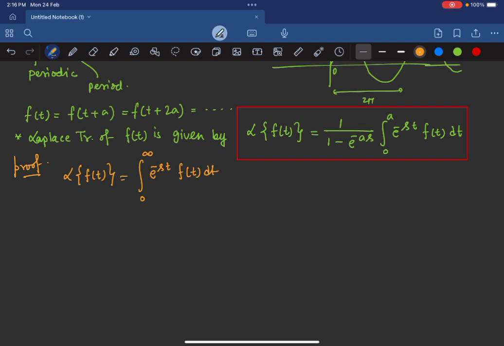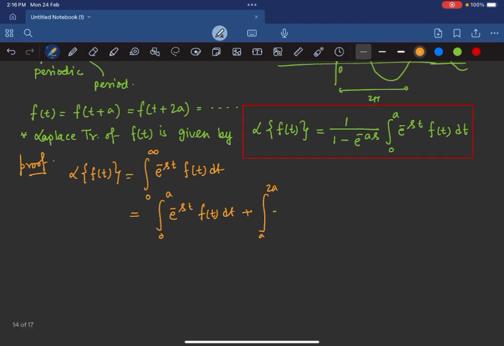This setup we have. Now see here, the integral from 0 to infinity you can break like this: integral 0 to a of e power minus s t f of t dt, plus the integral from a to 2a of e power minus s t f of t dt, plus the integral from 2a to 3a of e power minus s t f of t dt, and so on.